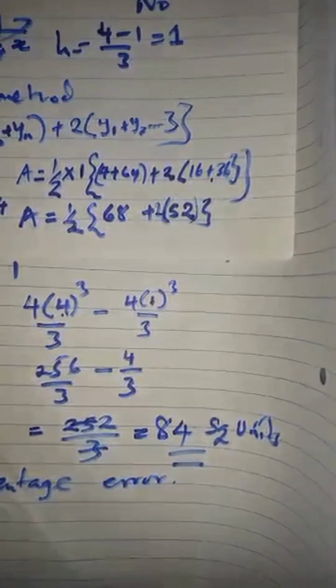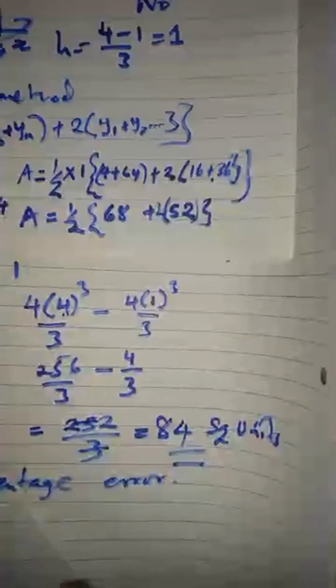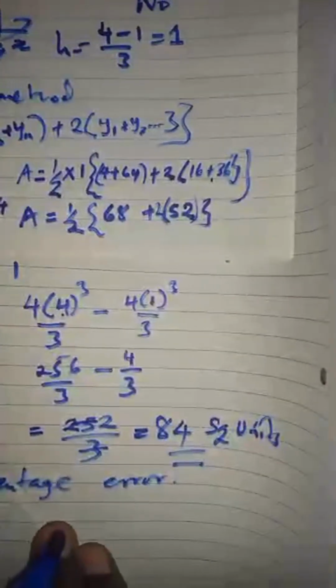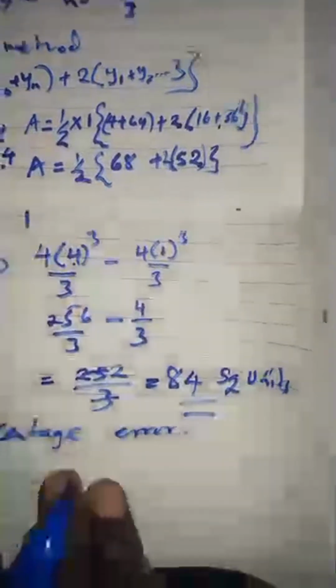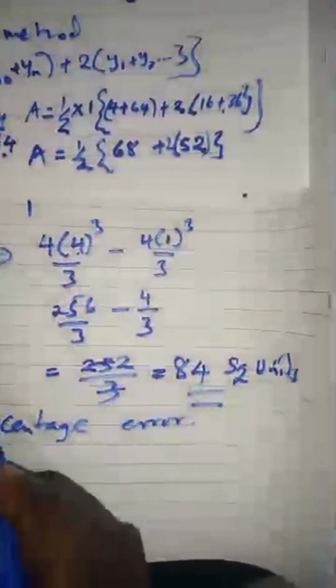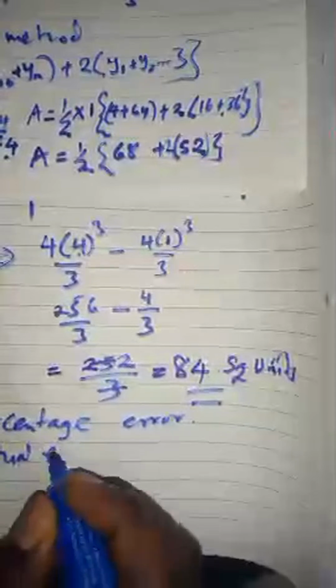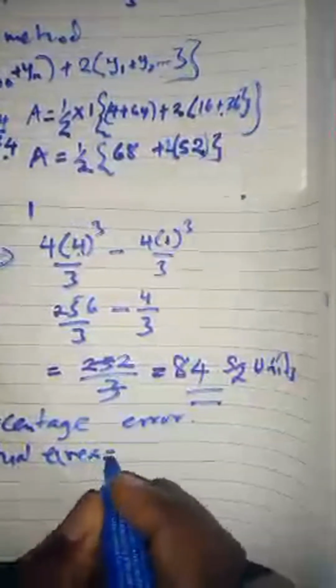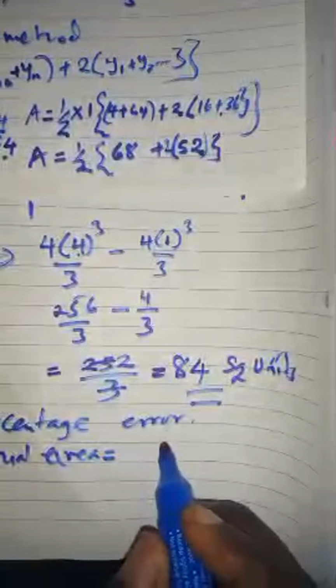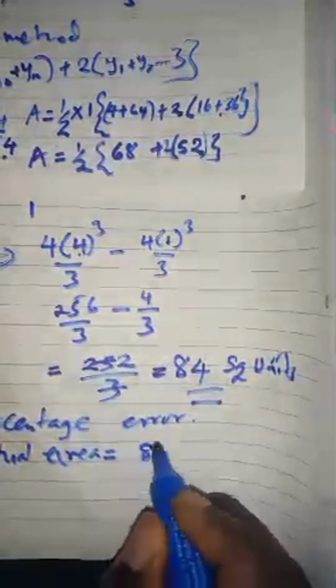So whenever you're asked to find the percentage error, I know that the actual area given by the integration method is 84.